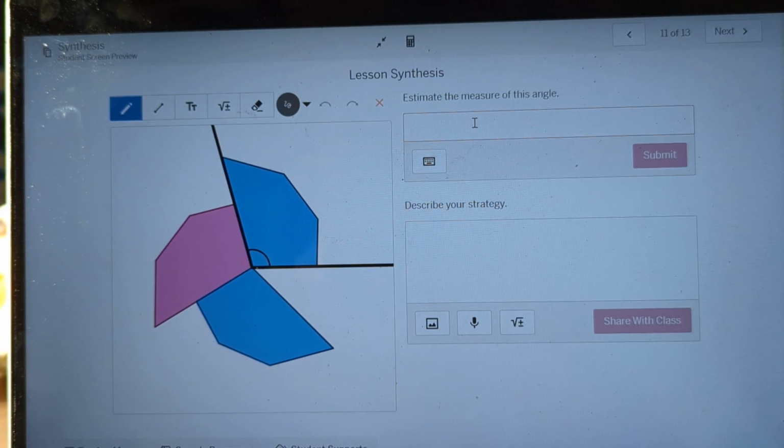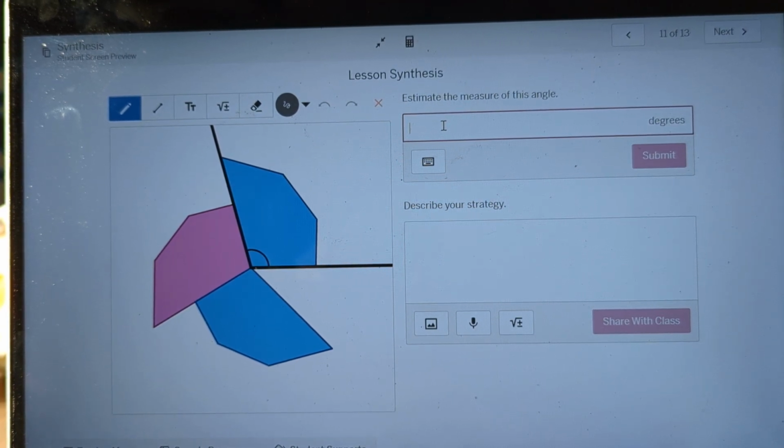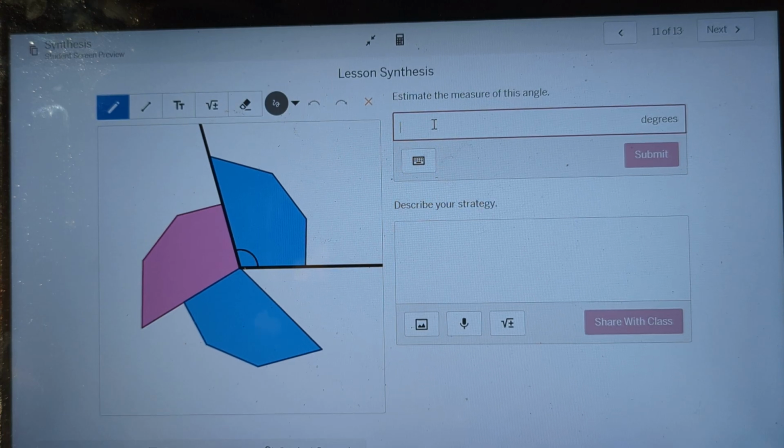Since we know it's over 90, let's go ahead and do it over 90. So we know it's going to be 100 and something. So we got 3 and some change.